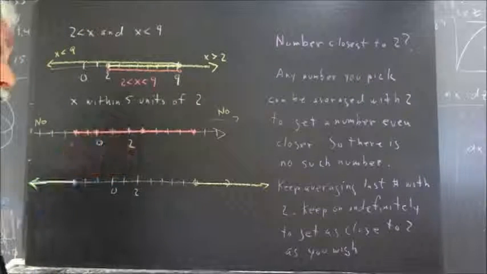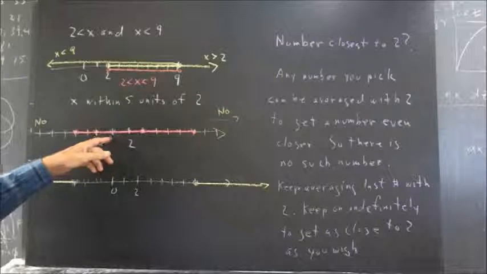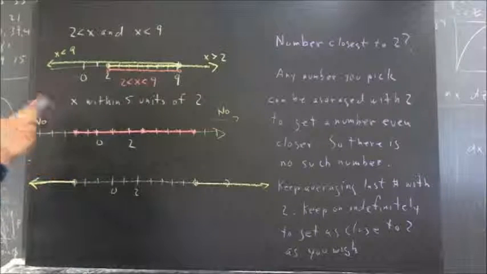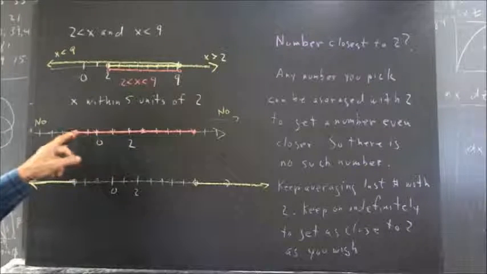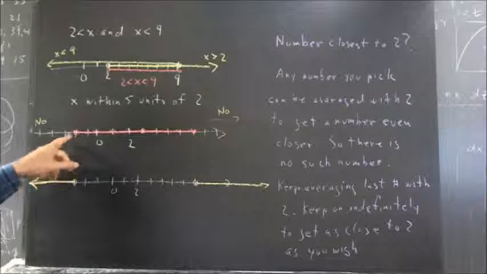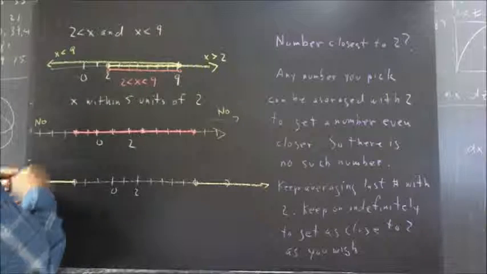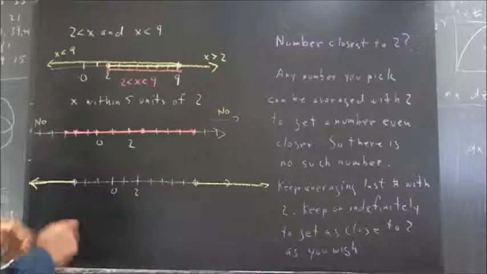Now, there are also points on the other side. We can go 5 units on the other side. Here's 2, 1, 0, -1, -2, and we need to go to -3. I apparently didn't look at my graph carefully enough, and should have included -3 here.